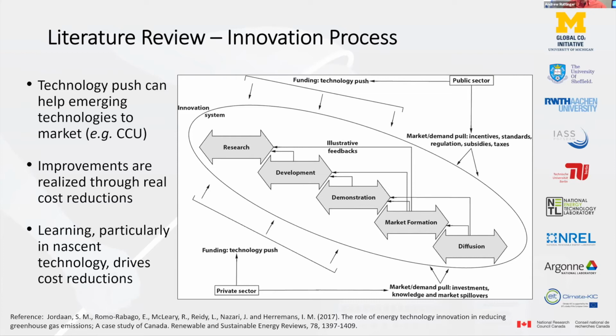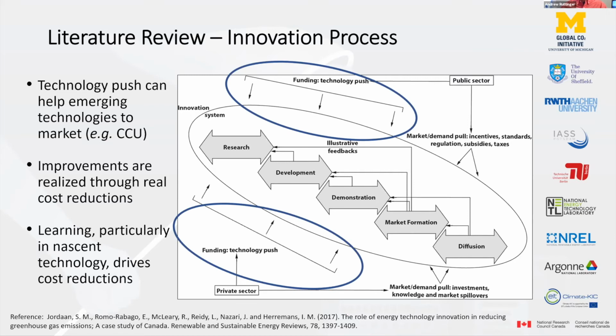Now, in terms of technology learning curves, the most important thing to take away from this innovation process is the technology push section, which occurs at the earlier stages. This technology push is for earlier stage TRL CCU technologies, and often it comes in the form of funding.